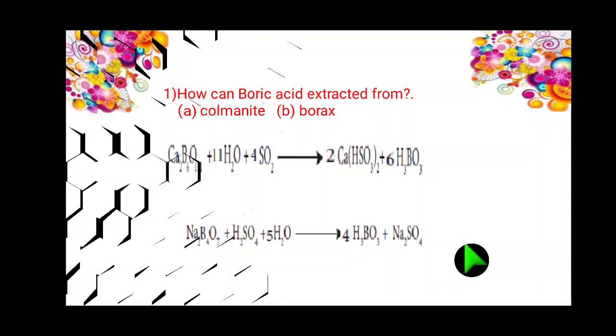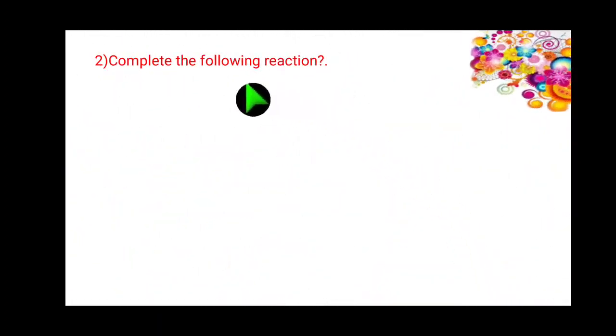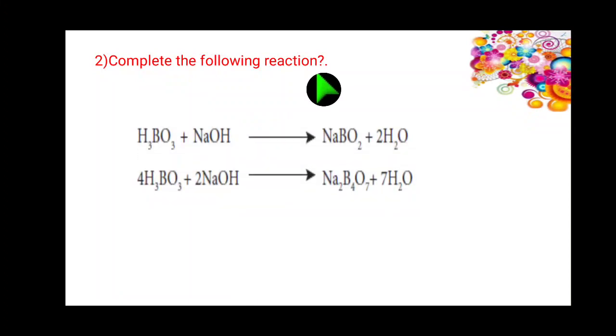Second question. Complete the following reaction. Actually, the reactant side alone will be given. We have to find the product side. Boric acid reacts with sodium hydroxide to form sodium metaborate NaBO2 and water.